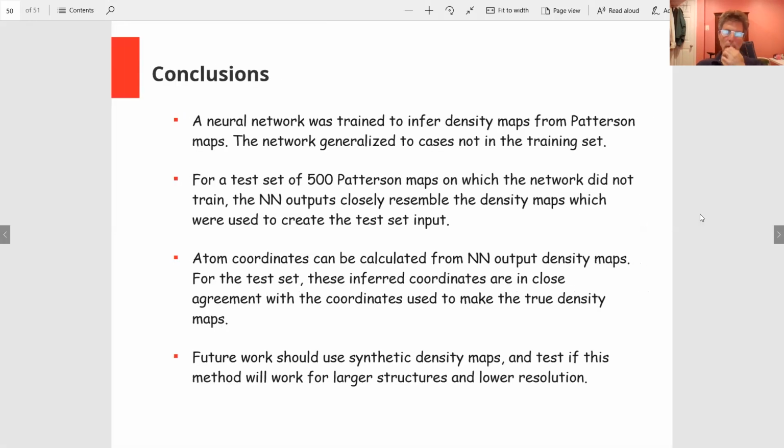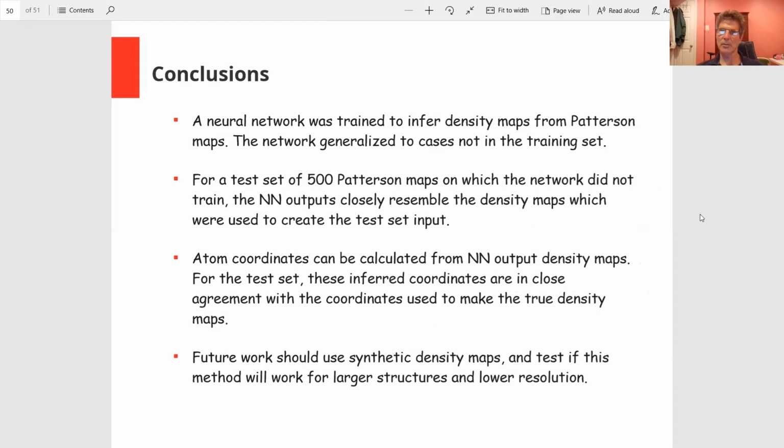All right, so that's the end of the results section, and I just have this one conclusion slide, which is that I set out to see if I could train a neural network to infer density from Patterson maps, and it seems to be working quite well, at least for this small and simplified case.